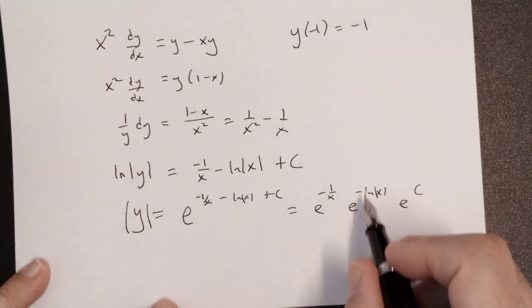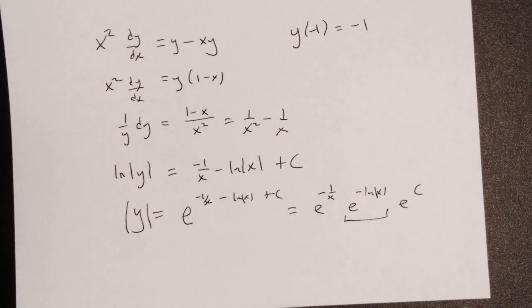What happens with this piece? Unfortunately, no, I can't cancel until the e and the ln are right next to each other. So what do I do with that minus sign?